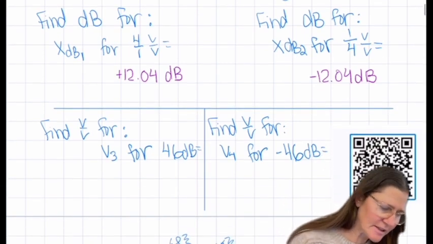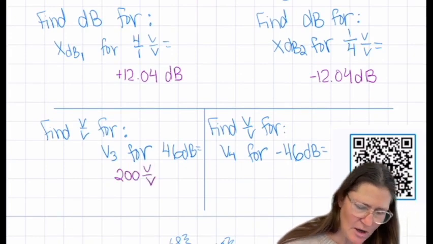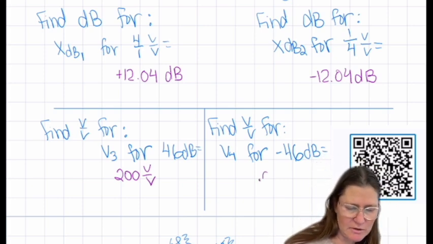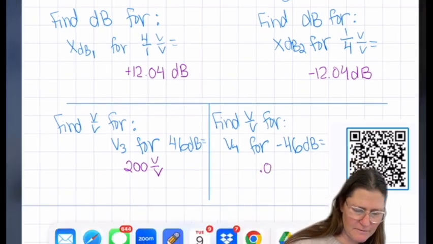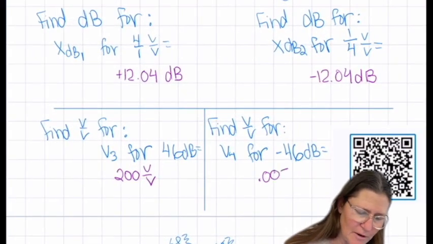For 46 dB, it's approximately 200 volts per volt. And for the minus 46 dB, it was 0.005. I think it's 0.005, yeah. 0.005 volts per volt.